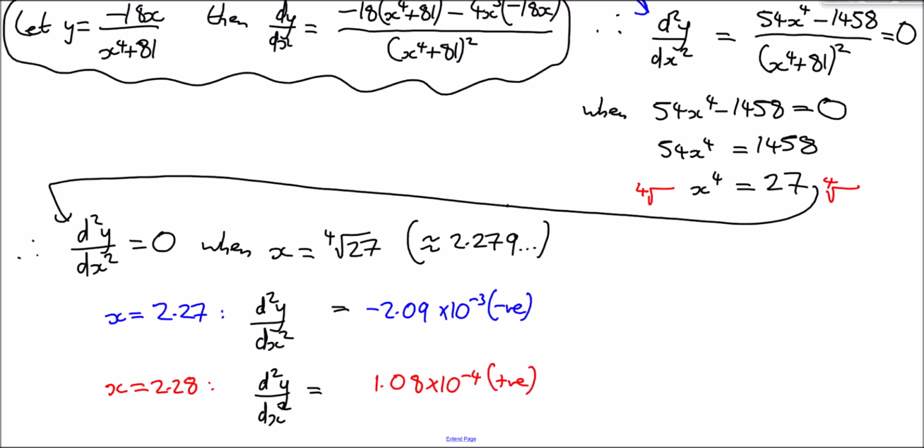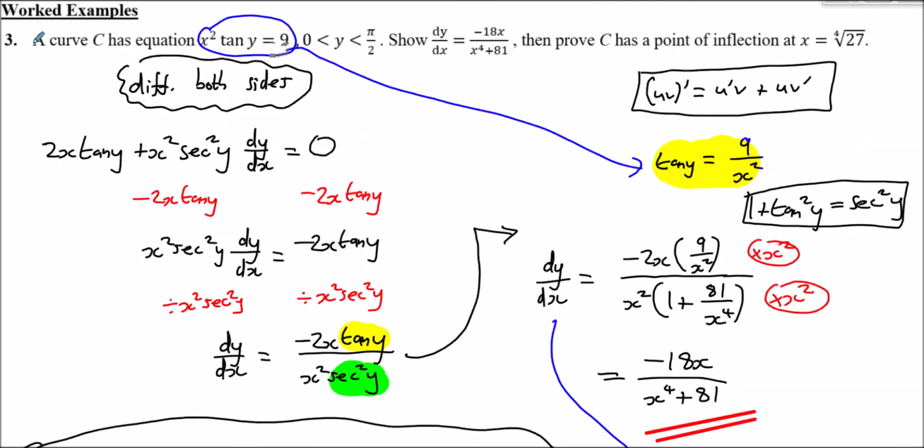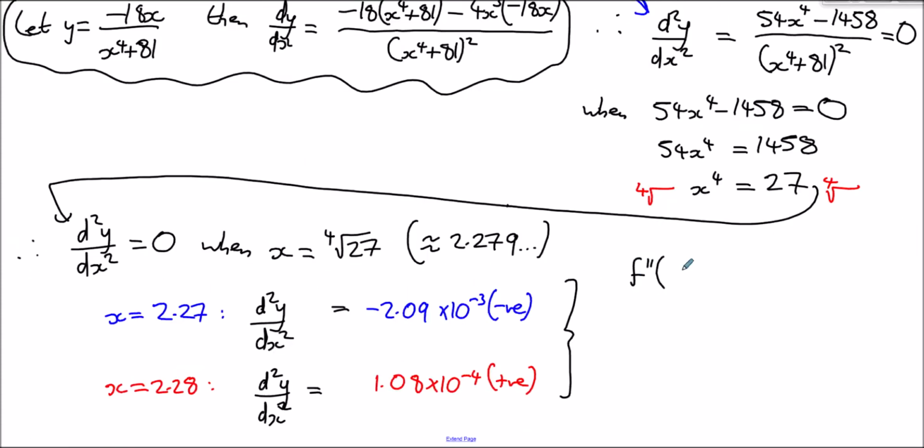So now we make our conclusion. What was the point we're actually trying to show? Almost forgot, we did so much work. Point of inflection at the fourth root of 27. So the second derivative at the fourth root of 27 was 0.